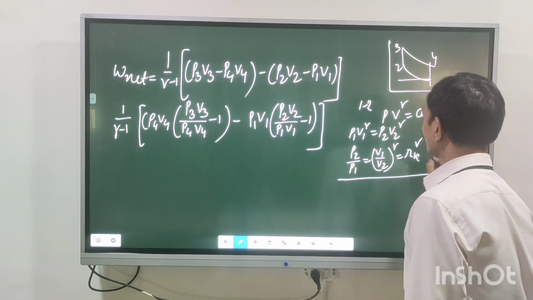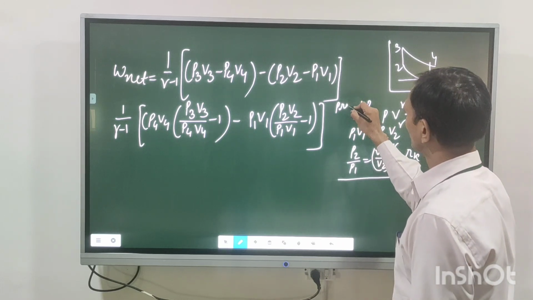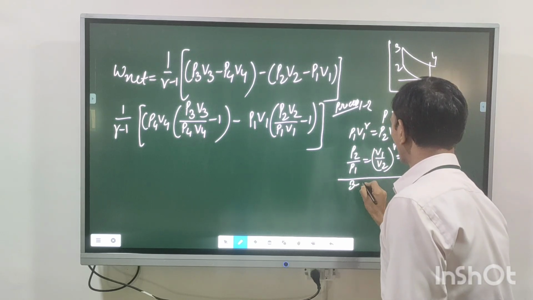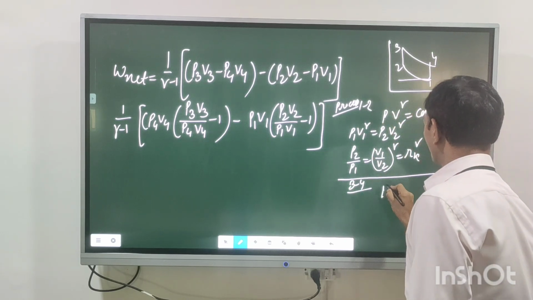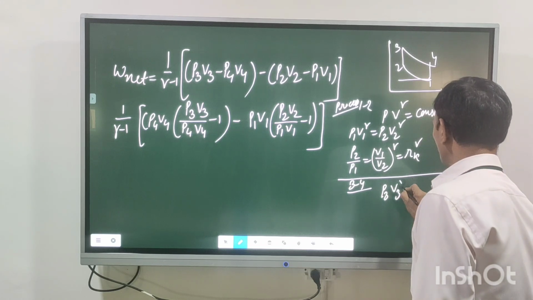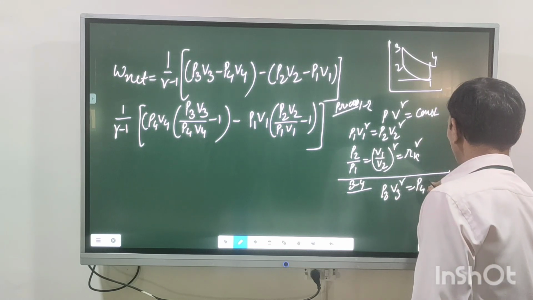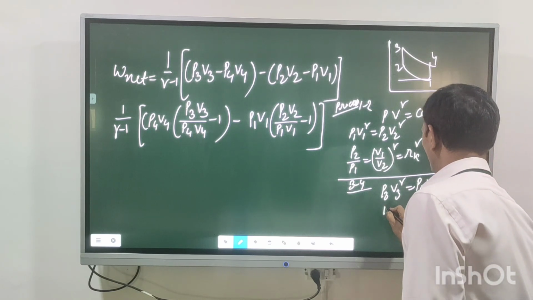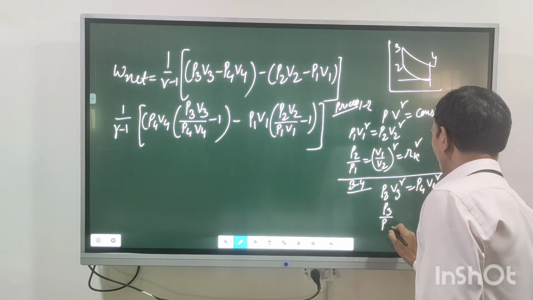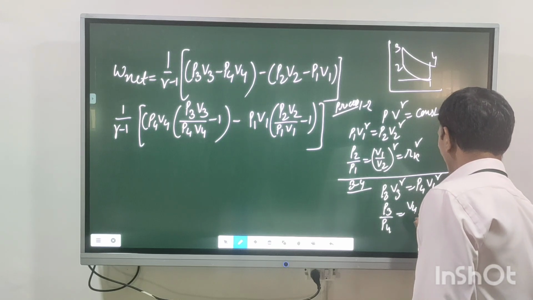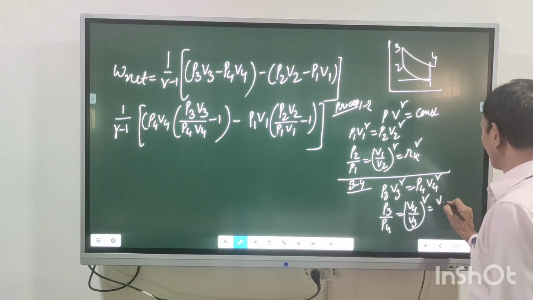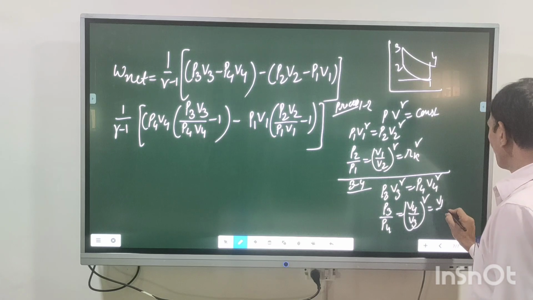Similarly, in process 3 to 4, P3 V3 gamma is equal to P4 V4 gamma. Now P3 by P4 is equal to V4 by V3 to the power gamma, and here V4 is equal to V1, V3 is equal to V2.